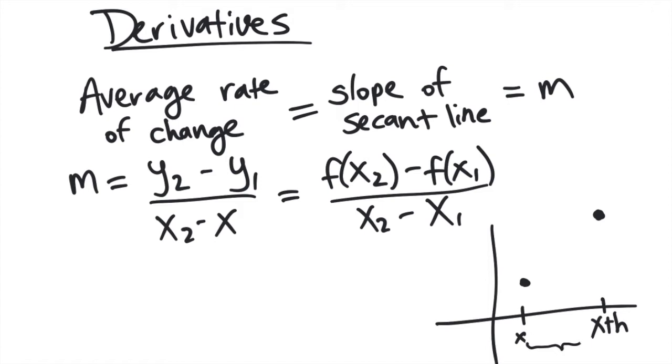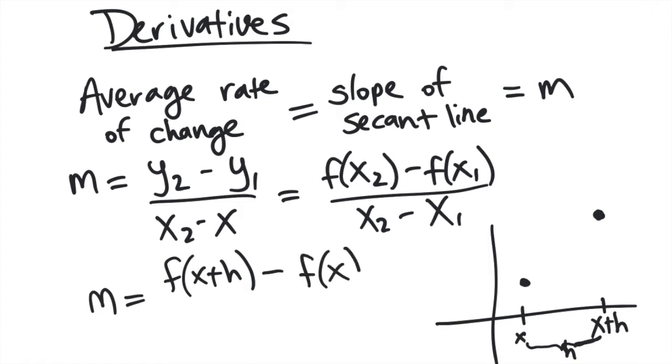All right, so we'll see why we're using h here in a second, and why we're talking about the distance between those 2 points. So another way you could write this exact same formula, instead of using y2 and y1, instead of using f of x2 and f of x1, is you could use f of x plus h, that was your second point, minus f of x, that was your first point, and then on the bottom it would be divided by x plus h minus x.